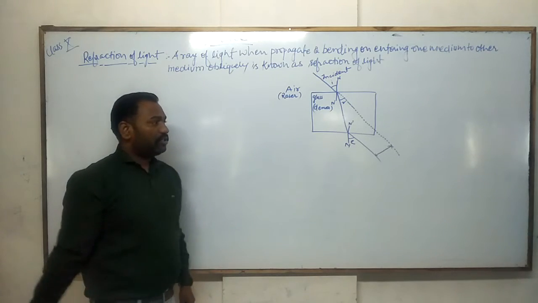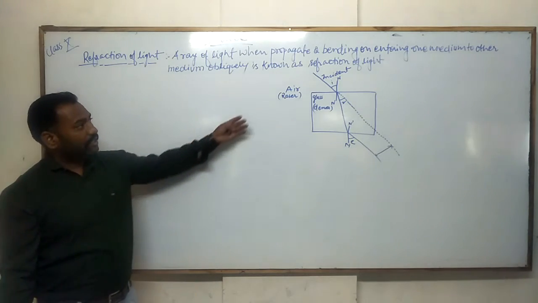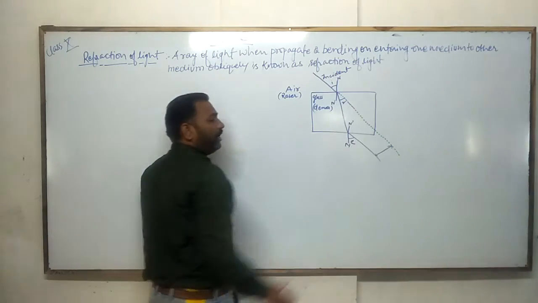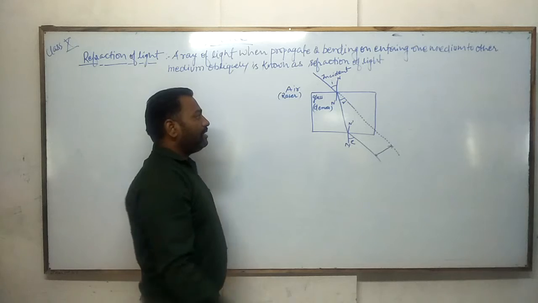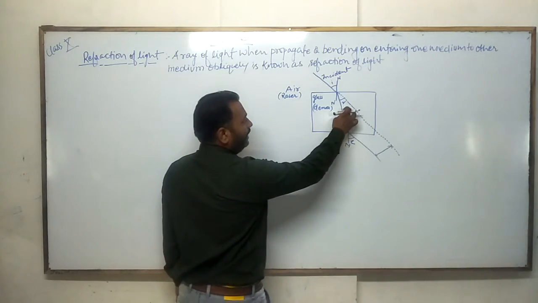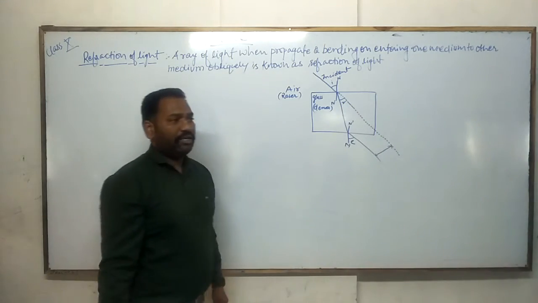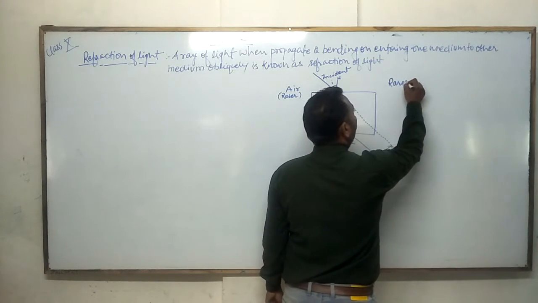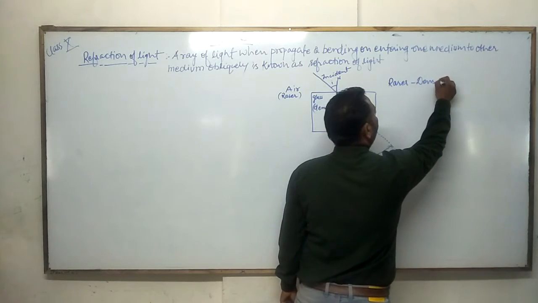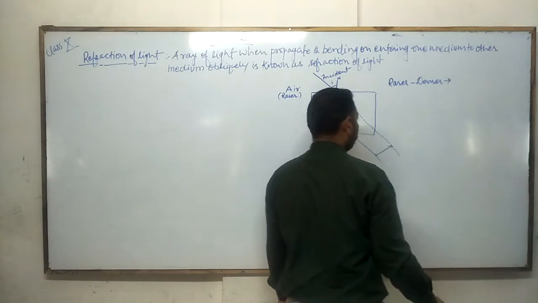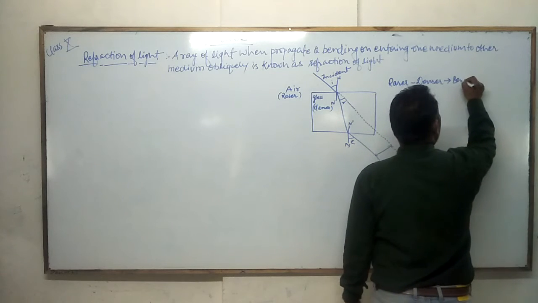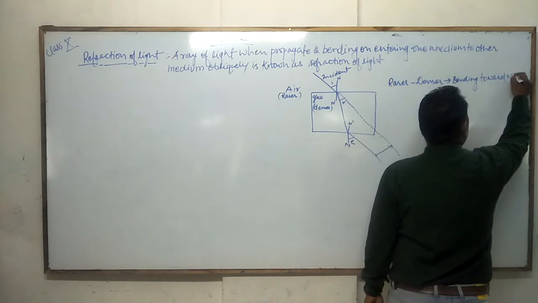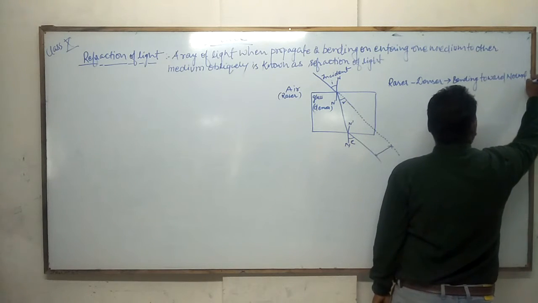What postulates do we have to identify with this phenomenon? This is the incident ray. When it enters into the more dense medium, it bends towards the normal. So we have to write that when light moves from rarer to denser, it bends towards the normal.